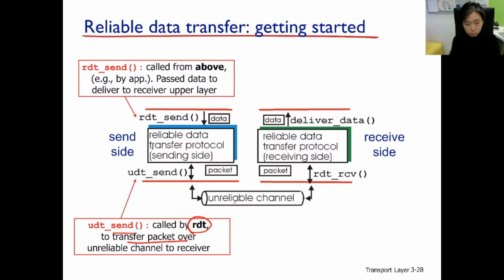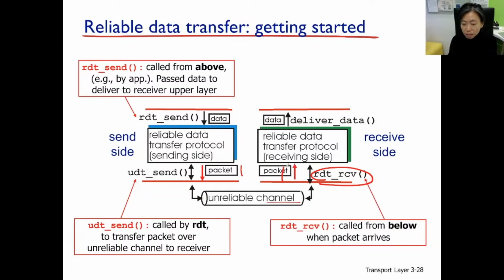All right. And then data is going to travel through the channel and come to the network layer. So that network layer component would call RDT receive to pass the packet further up. So packets get passed down by calling UDT send. Packets get passed up by calling RDT receive.